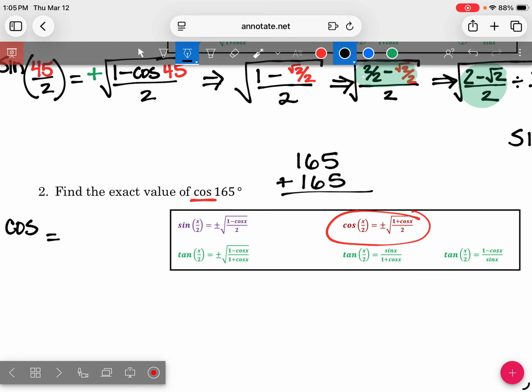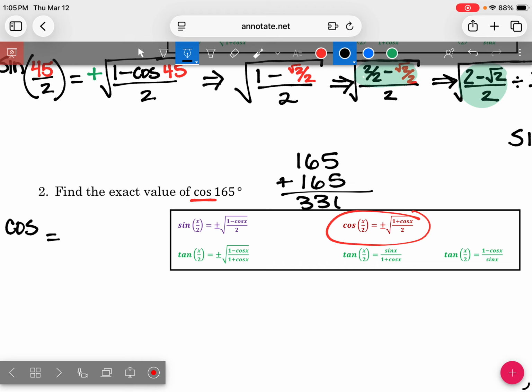What angle am I working with on our unit circle, where half of that angle would be 165? All right, what's 165 plus 165? 330? Who got 330? Is that on our unit circle?